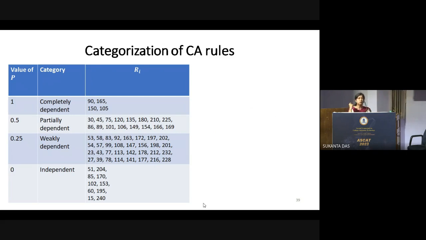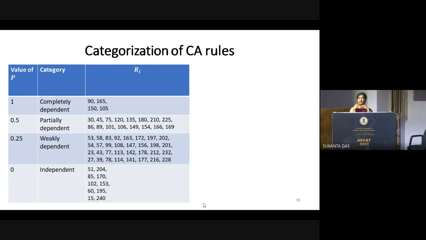The reason is that we are dividing the rules depending on the influence of the neighbors. The completely dependent rules are highly dependent on their neighbors, partially dependent less so, weakly dependent very little, and independent means zero.